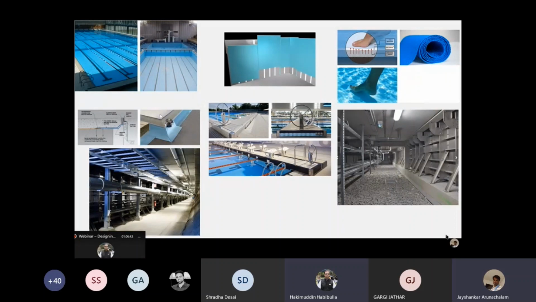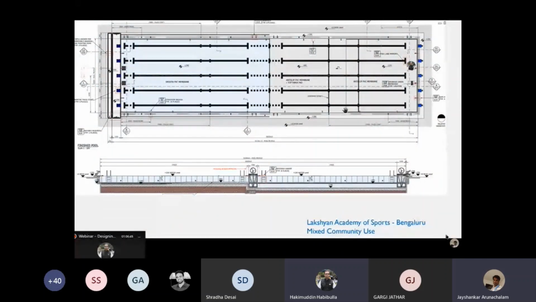Another part on the top right is an element called the soft walk. To highlight another component, in this shallow area, if you're looking at the bottom profile picture, to the left we have a starting block on the deck with a depth of 1.35 meters.